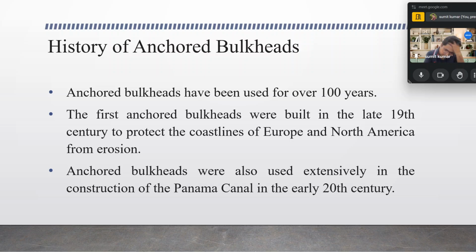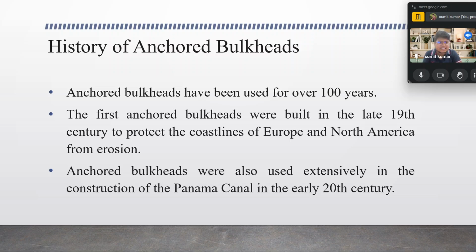Okay. Now we talk about the history. Anchor bulkheads must have some history of how they started. Anchor bulkheads have been used for over 100 years. It is a very long time ago that this type of technique was started. The first anchor bulkheads were built in the late 19th century to protect the coastline of Europe and North America from erosion.